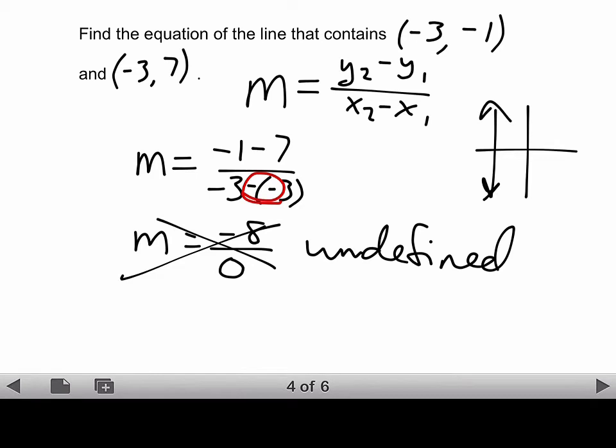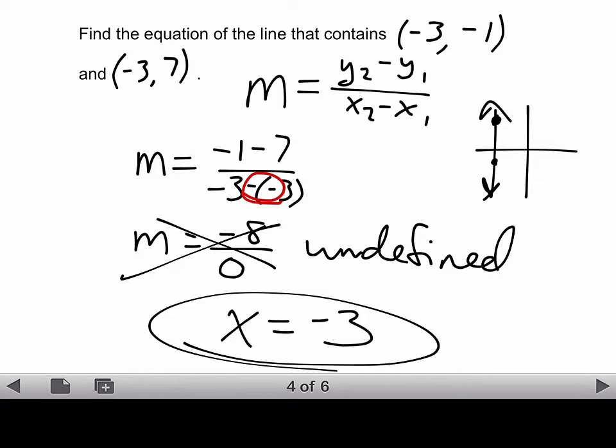In this case, we have negative 3, 1 and negative 3, 7, and I see that in both cases x is equal to negative 3, and you may recall that a line that has an undefined slope has an equation x equals. This can't be put into slope-intercept form. The answer is x equals negative 3.